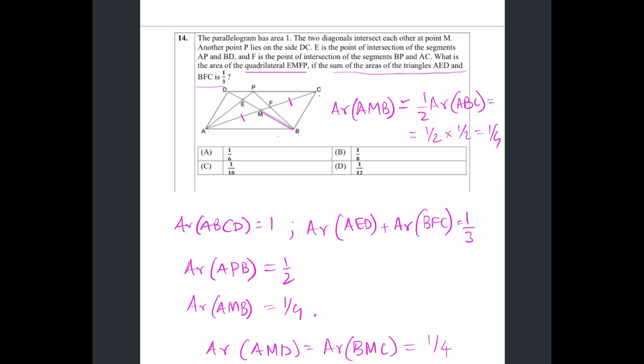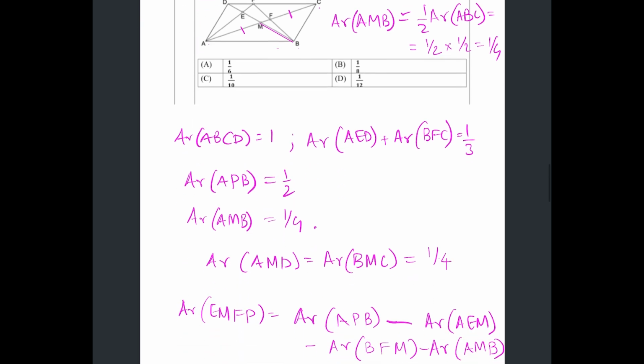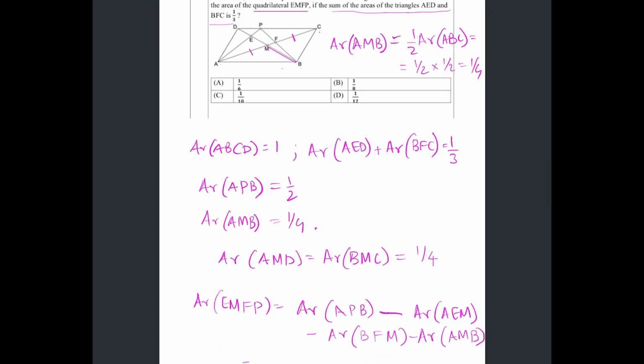So from this big triangle's area, we're subtracting this, this and this, to get the area of the quadrilateral. Area of APB we know is half.